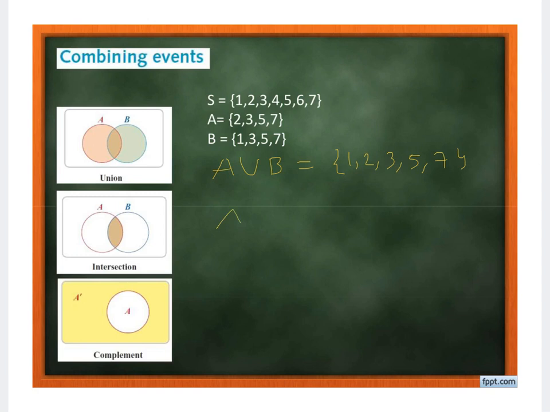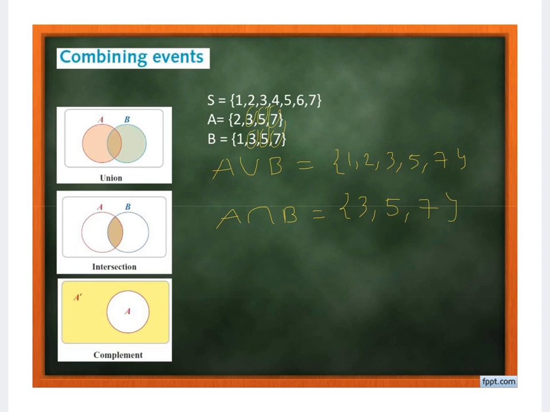If A intersect with B, find the same ones: 3, 5 and 7. Because they are the same here, 3, 5, 7 are the same.